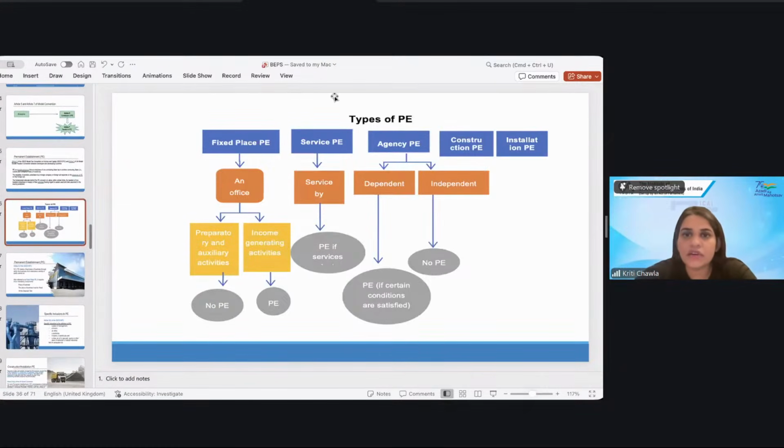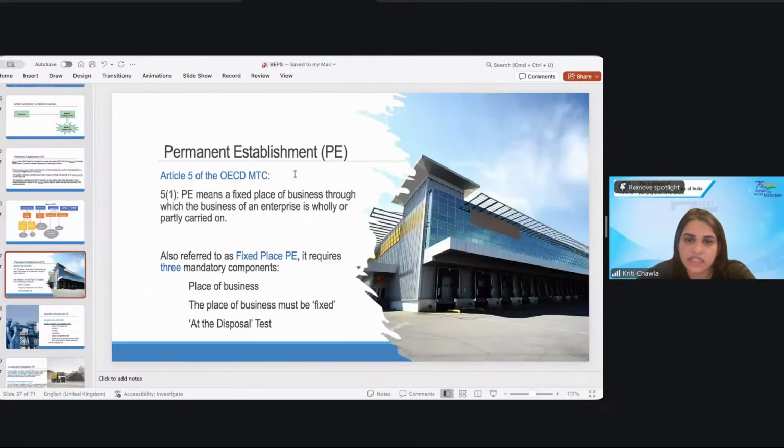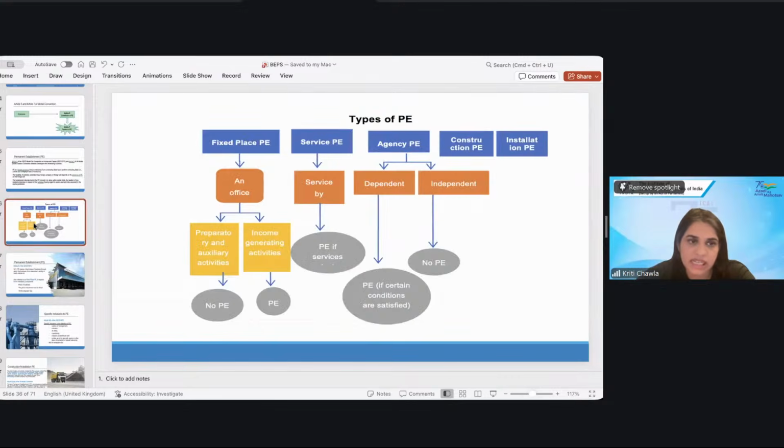Now, if you look at the kind of PEs that we have, there are quite a few. There is something called a fixed place permanent establishment, which is provided here, so we'll discuss it in this particular slide. Then there is something called a service permanent establishment. You have to remember that the concept of a service permanent establishment is very specific to the UN Model Taxation Convention.